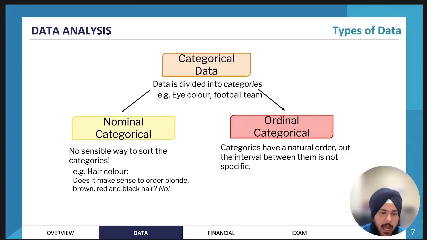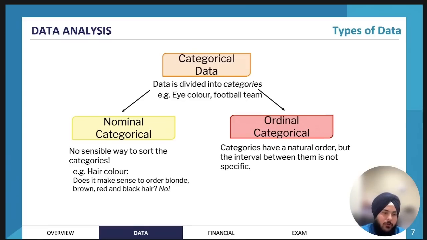Just to go into a little more detail about categorical variables. Categorical variables usually represent data that is divided into discrete categories. That could include things like eye color or football team, usually qualitative data, which we usually describe as opposed to quantify. Furthermore, for categorical data, we can have nominal or ordinal data.